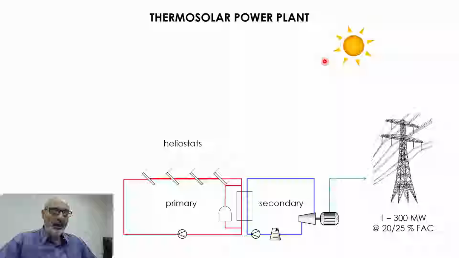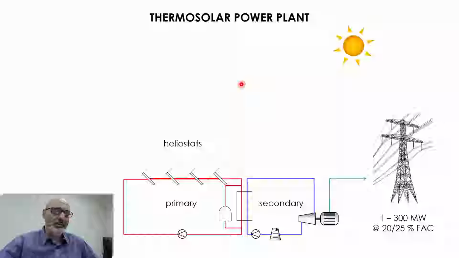This is to operate the power plant, but before that, in order to design the power plant, you need to know how much sun you're going to get on average in a year, for instance. And to do this, we have to integrate the solar energy during the hours of the day, during the days of the year.